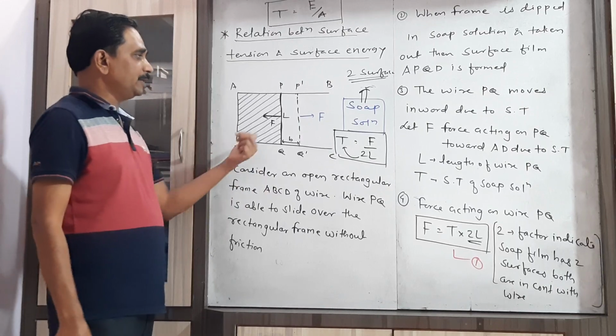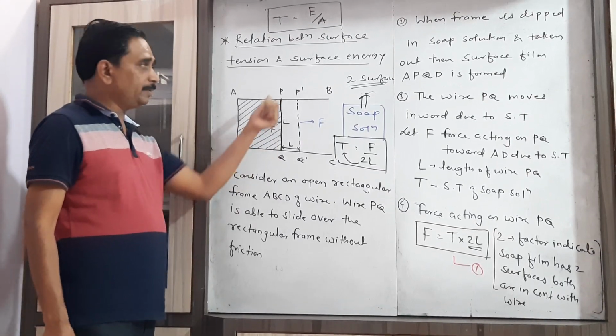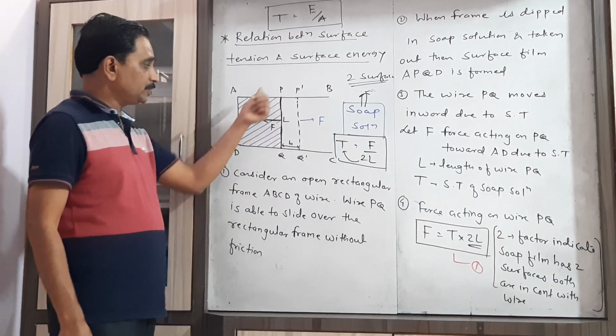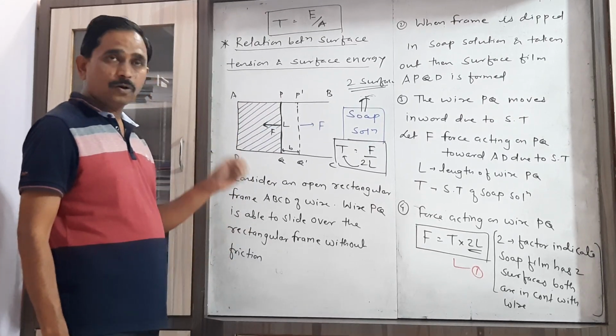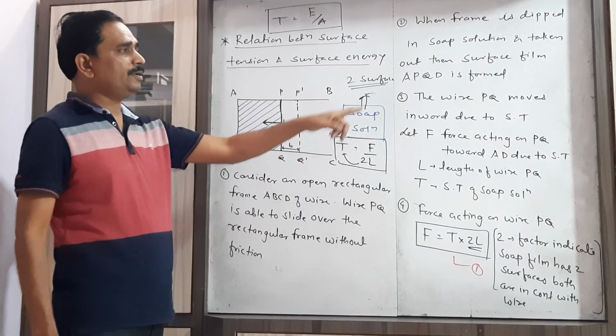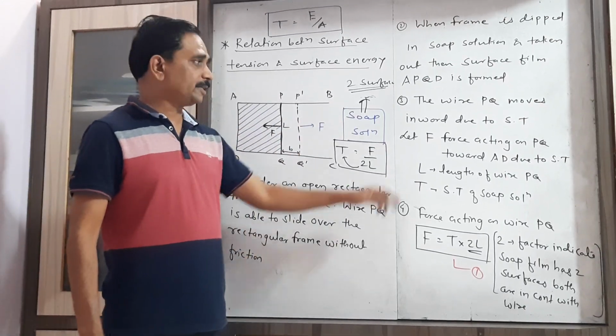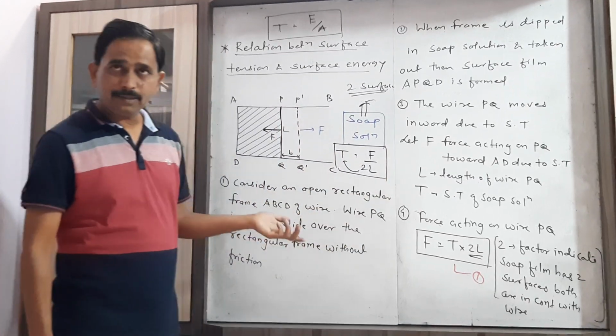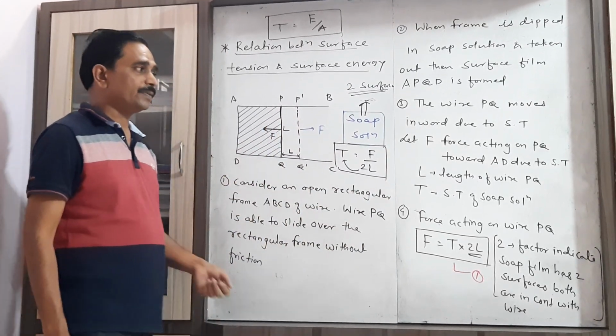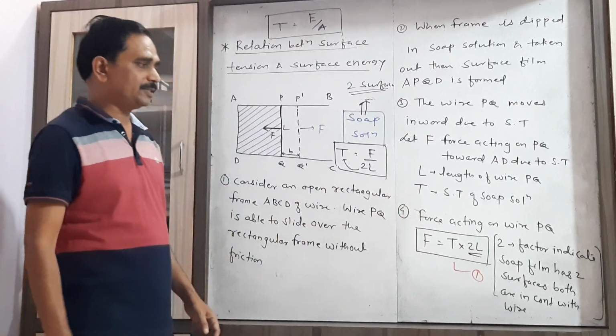Then you have to consider the movement of the side PQ. This wire PQ moves toward AD because of the force exerted due to surface tension. So let F be the force acting on side PQ, L be the length of that side PQ, and T be the surface tension.